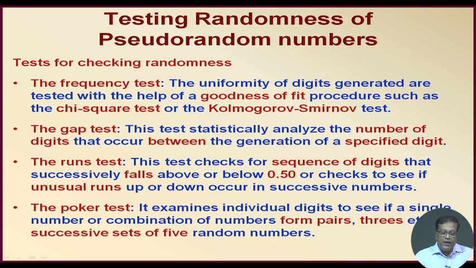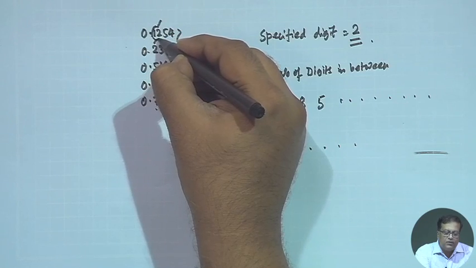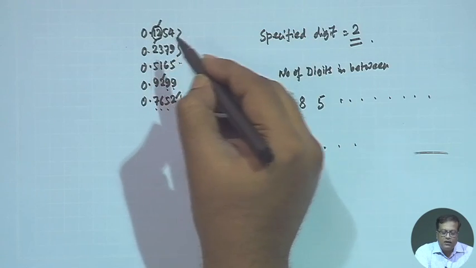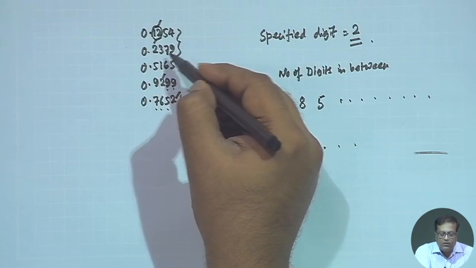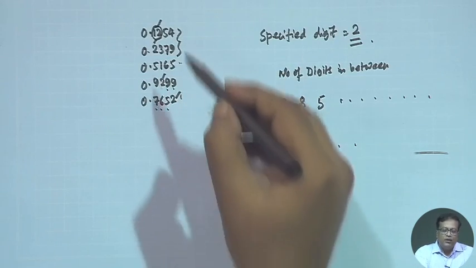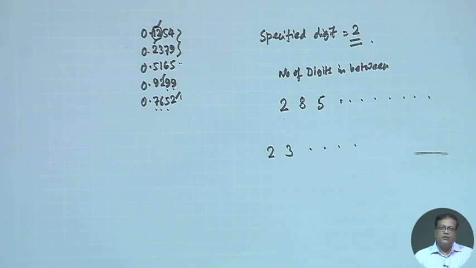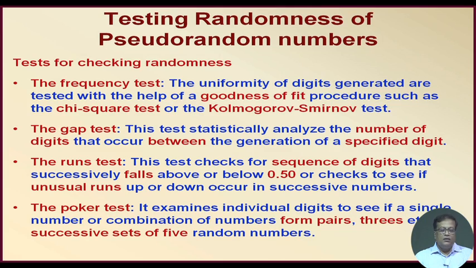Suppose we take a pair like 1 2, then you see a pair has come here, right. Is there this 1 2 again out of all these numbers? No, we have not found it, but maybe if we take a large set of random numbers, how many times is this 1 2 coming in successive sets of 5 numbers?